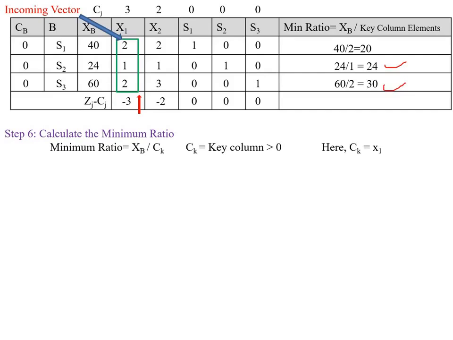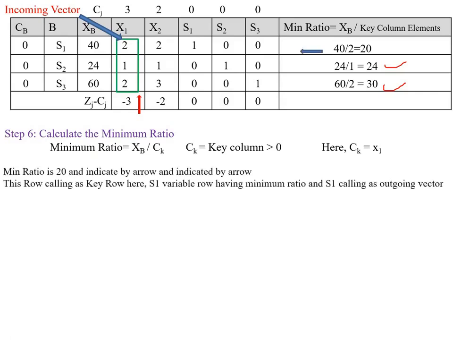Among these values, we observe the minimum ratio of Xb by key column elements. See here, 20 is the minimum value. This we indicate by an arrow, and this respective row we call the key row.